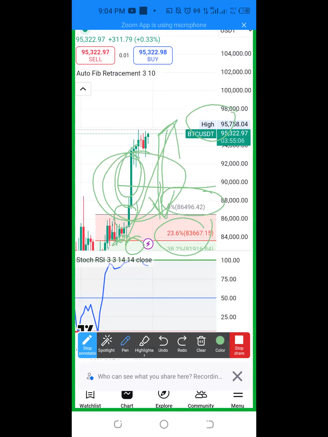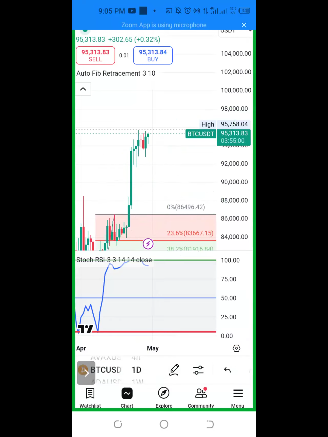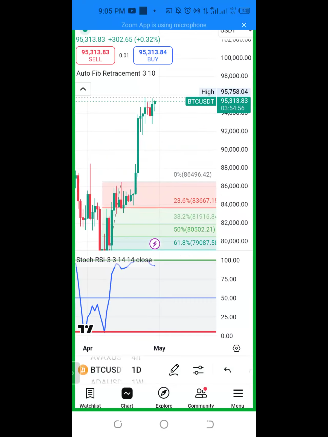Some of them might want to sell and bring the price down, and it will cause a correction in the market. The market must always undergo correction. Anytime there is a massive movement up, and after some days you see a lot of red, that's what we call correction, pullback or retracement in crypto. It must always happen. It's a rule in trading.